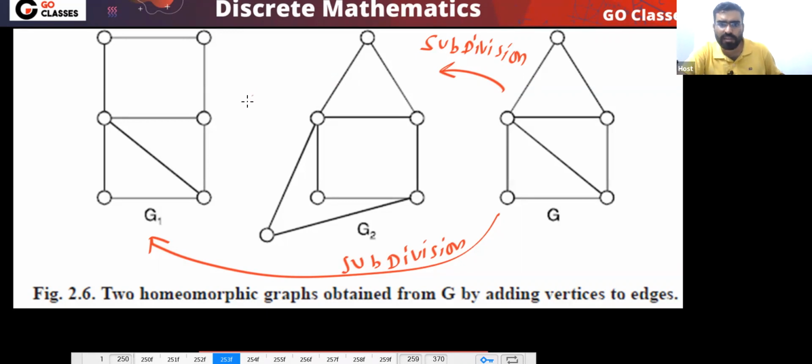Yes, they are homeomorphic, because if I do this here and this here, now you can notice they are isomorphic. Is this clear? So that is the reason they are homeomorphic.